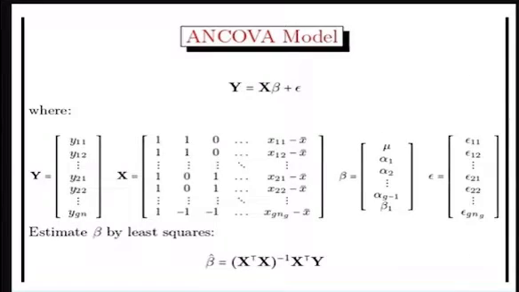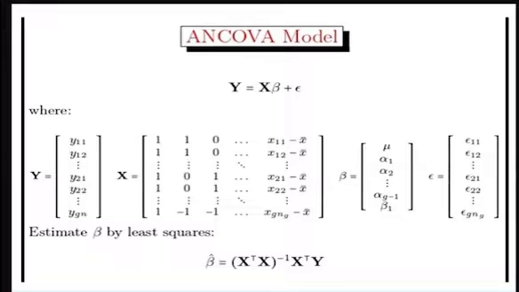Now, in a regression model, I know you've seen something like Y equal to X beta plus the error. That is a way to write a multiple linear regression in matrix form.